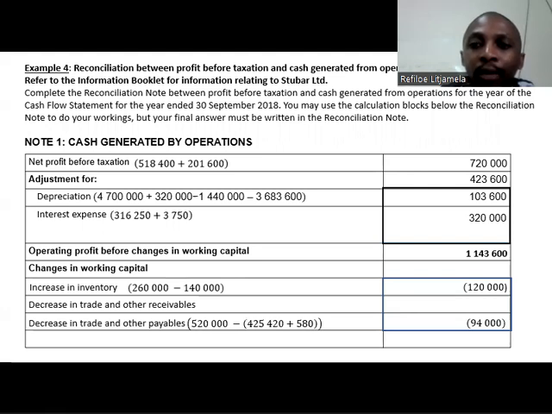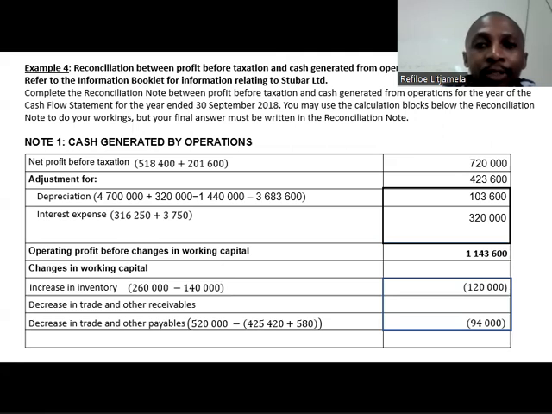And bear in mind here, they didn't give us any information in the information booklet to enable us to calculate trade and other receivables. However, the only information that they gave us in the information booklet relates to changes in working capital.